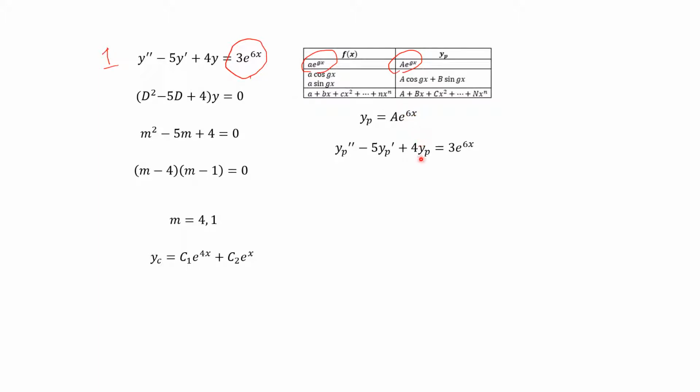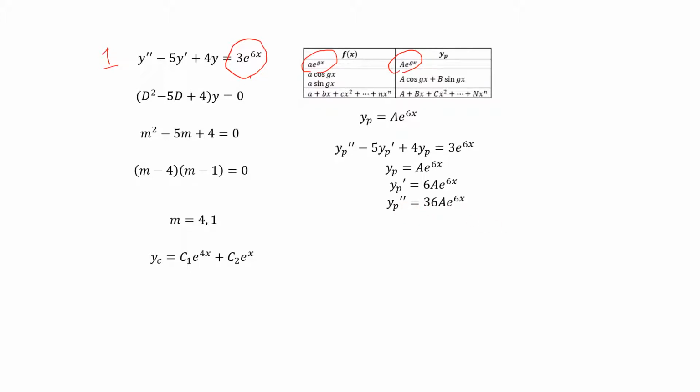And you need to find y_p prime and y_p double prime. So here y_p is a e to the 6x. The next derivative is 6a e to the 6x, and the next derivative is 36a e to the 6x.